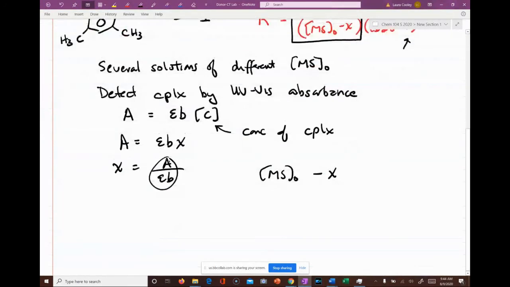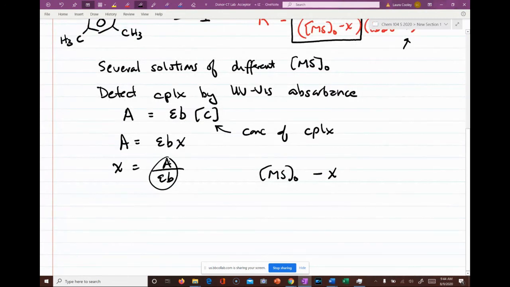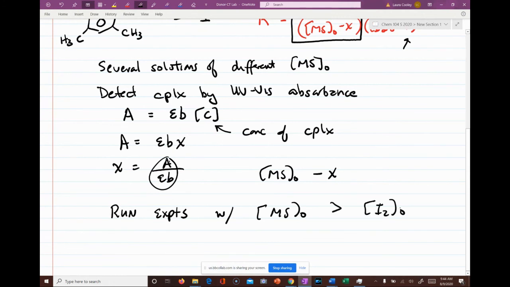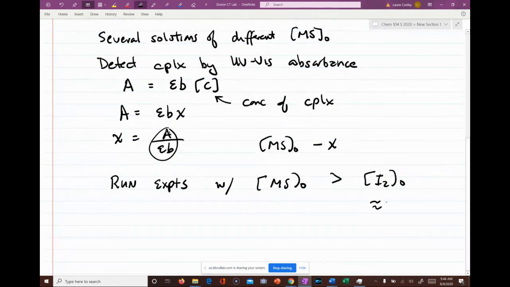And the reason I'm talking about this is because I can neglect this X. And that is because we run these experiments with the concentration of acetylene much greater than the concentration of iodine. In fact, this is approximately on the order of 10 to the negative fourth molar, whereas this is about 1 molar.